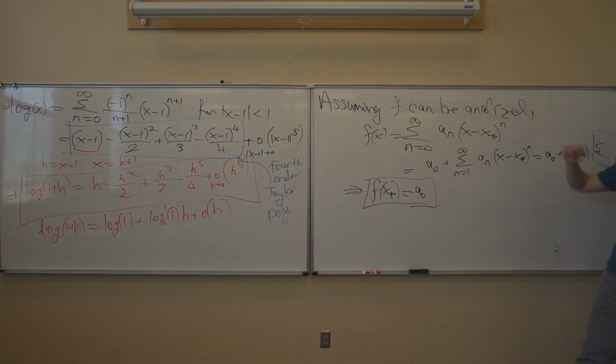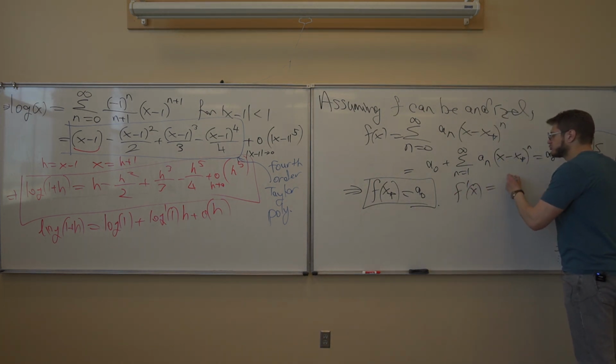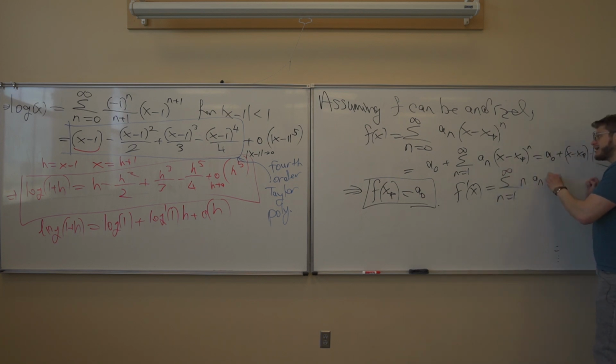And then if I differentiate this, let's say once, now I have n from 1 to infinity, n times a sub n, x minus x star raised to the power n minus 1. Again, if I plug in x equals x star, all terms except the 0th order term vanish, because n starts at 1, which means the exponents start at 0.